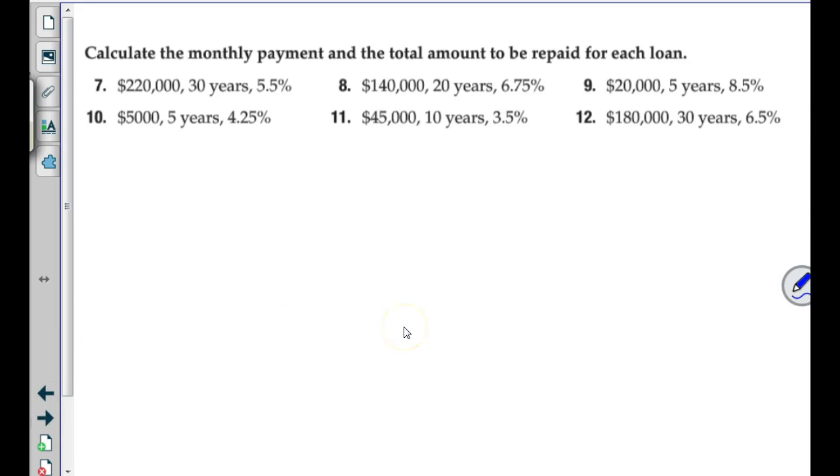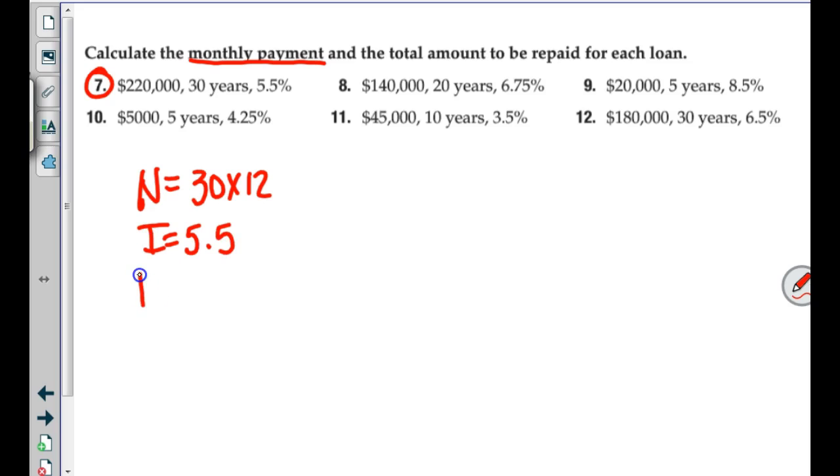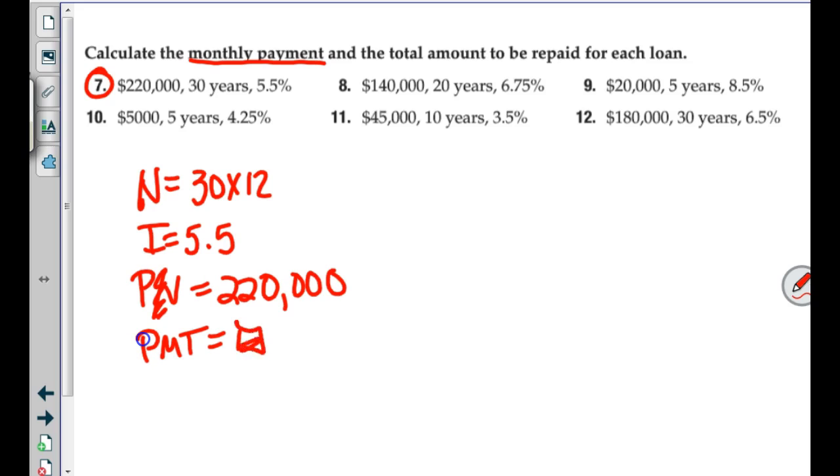I'm going to talk about real quick number 7. What would N be? Calculate the monthly payment. 30 times 12. I is 5.5 for this one. Present value. Yes, the 220,000, it doesn't have a slash, sorry, is the present value. The payment is what we're trying to find, so that's where your cursor is going to go.